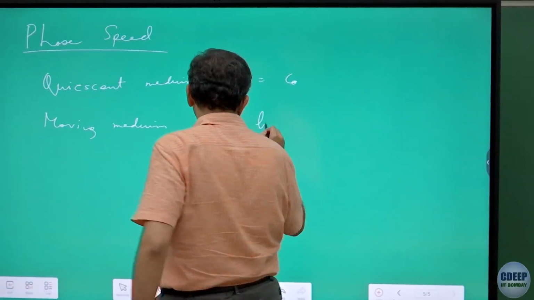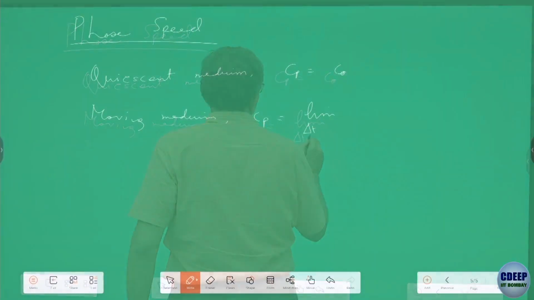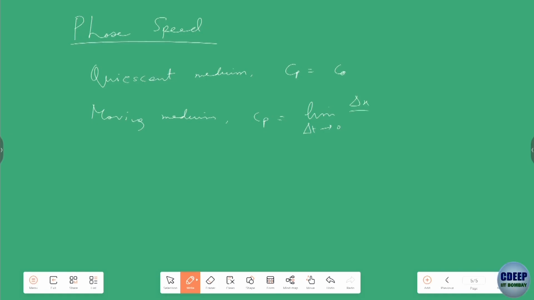Limit, yes. So it was a limit delta t tending to 0, delta x by delta t, where that delta x is a very special delta x. It was normal to the wave front. So if you do that exercise, you will find out that this is the appropriate form for our problem. Omega star by kappa star, of course, my bad.